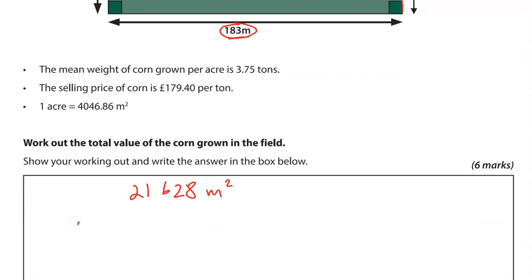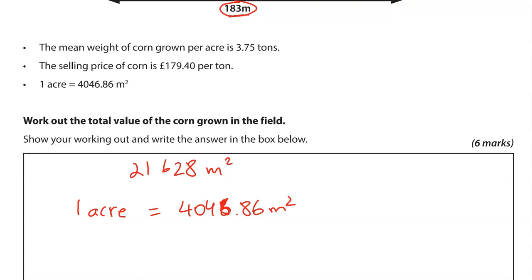So 1 acre is equal to 4,046.86 square meters. What about 21,628 square meters?